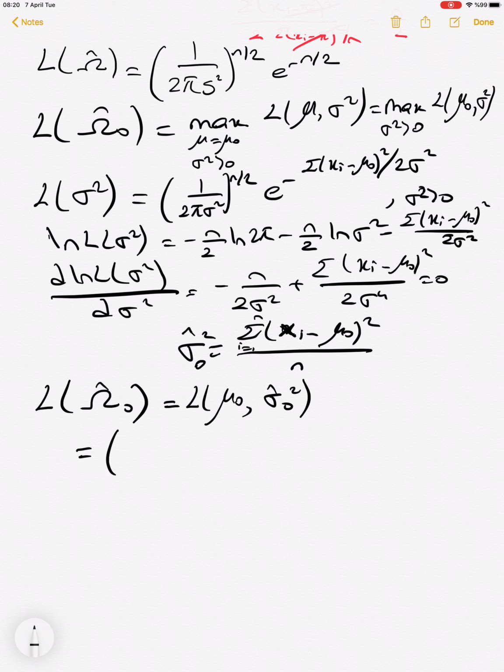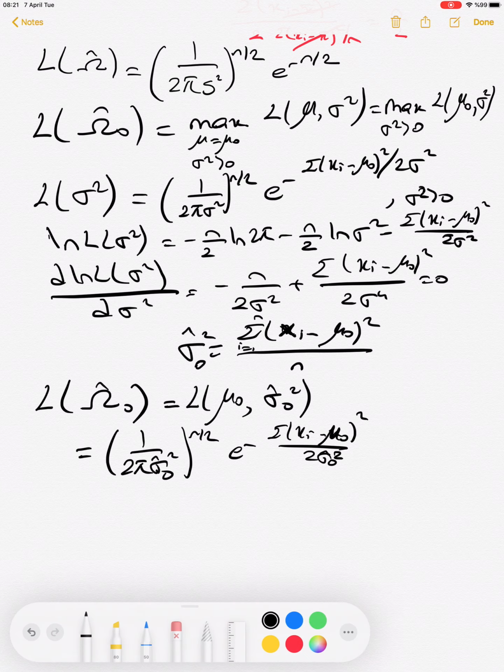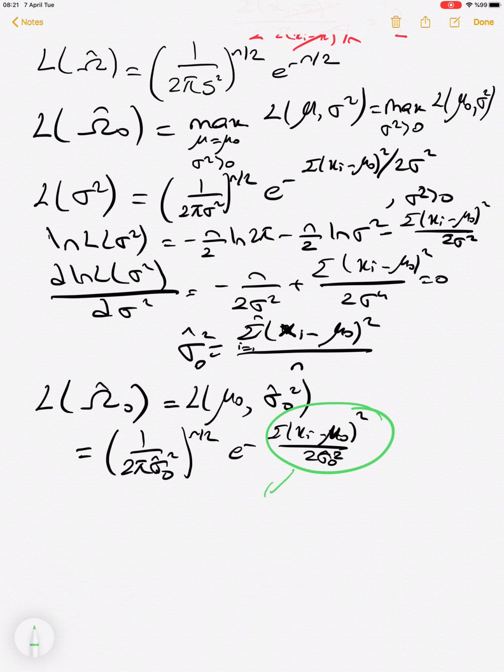When we replace it, we will have (2 pi sigma 0 hat square) to the power n over 2, e to the minus summation (x_i minus mu 0) whole square divided by 2 sigma 0 hat square. Okay, again, let's focus on this part.